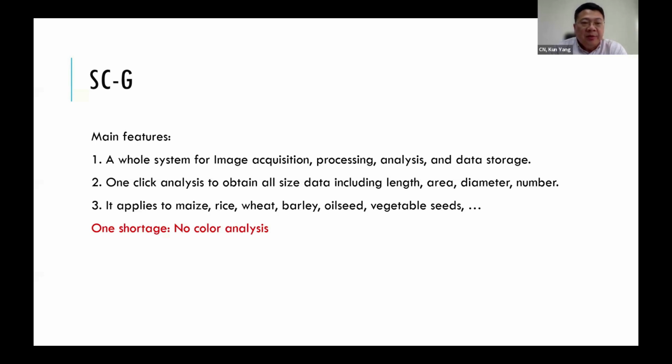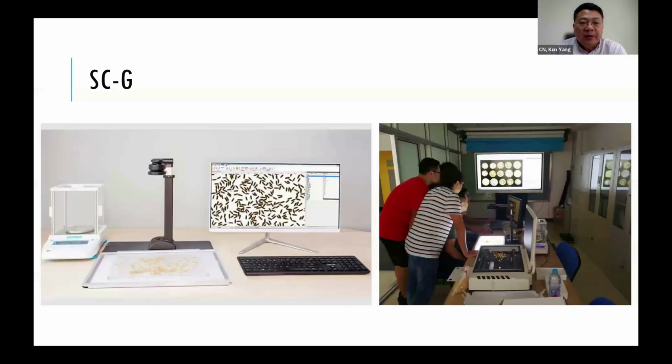And it applies to maize, rice, wheat, barley, oilseed, vegetable, but mainly focuses on the seeds, but it doesn't have many color analysis functions. Next. Here you can see it includes many hardware items, also a scanner. Next.